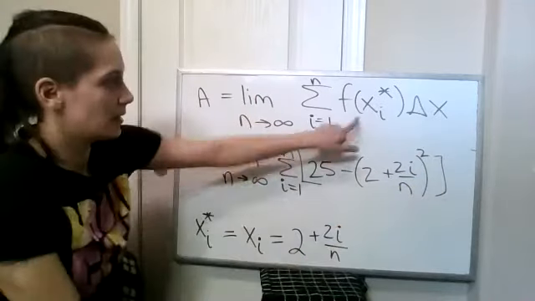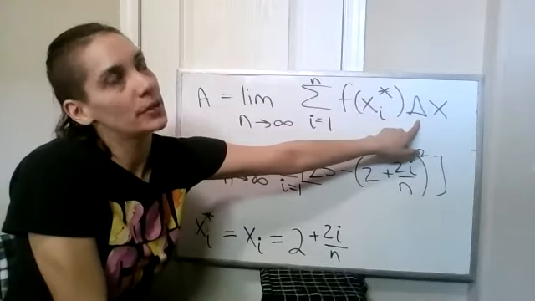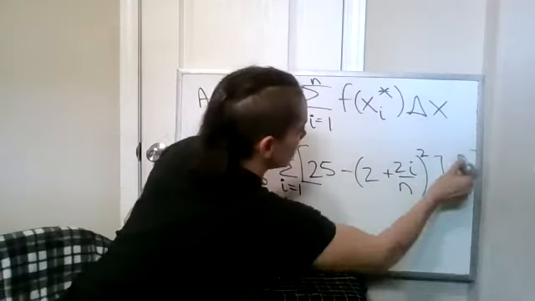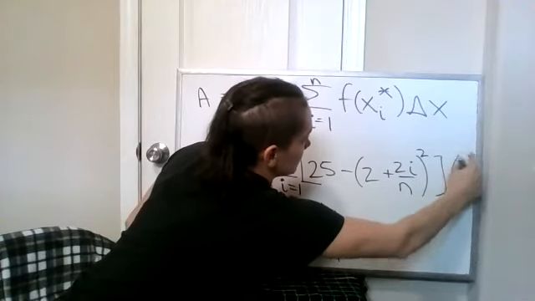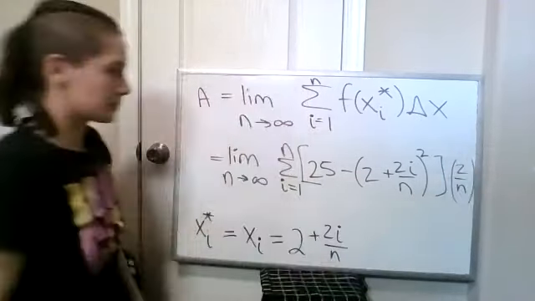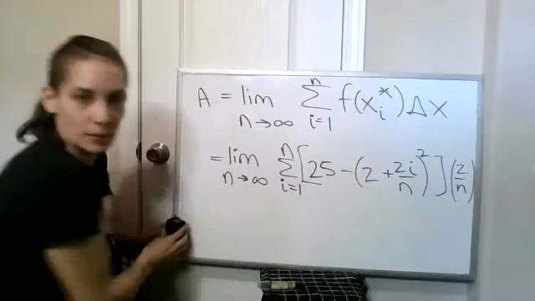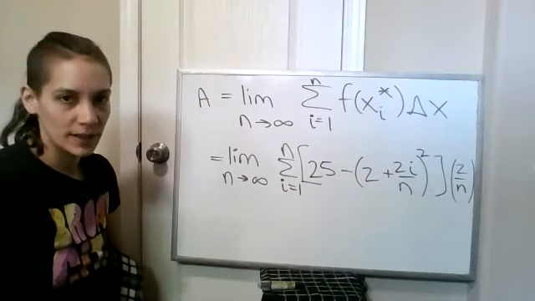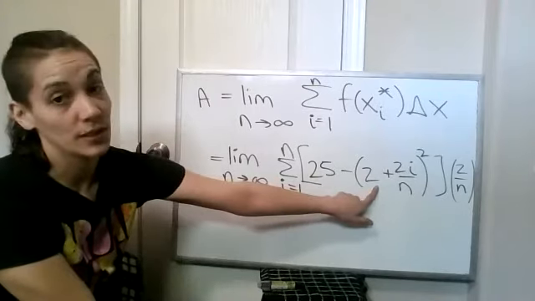Okay, that's that. Multiply with delta x. So you multiply with 2 over n on the side. So we've got everything where it needs to be. We just want to simplify this limit. Let's take care of this piece first.